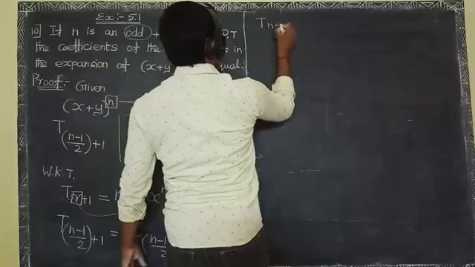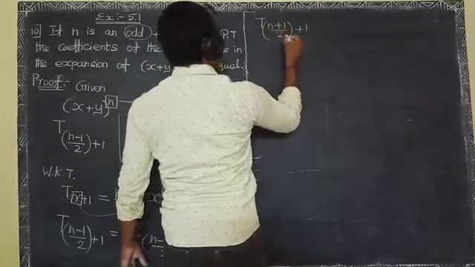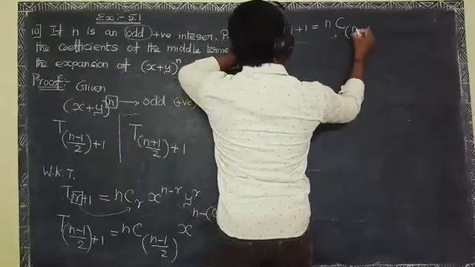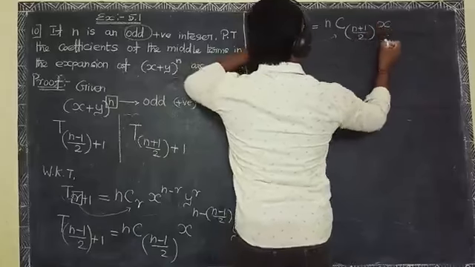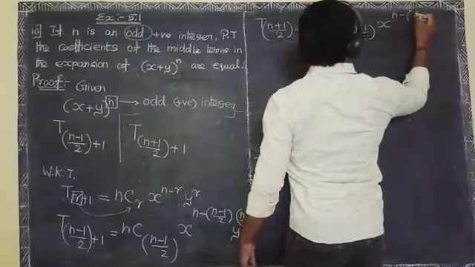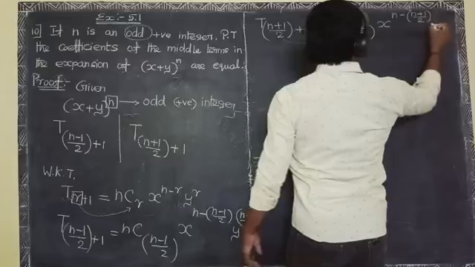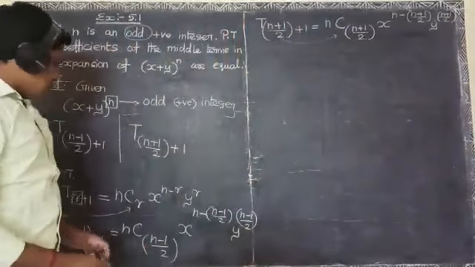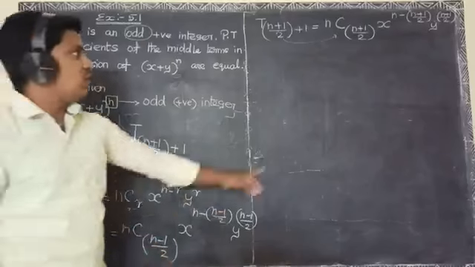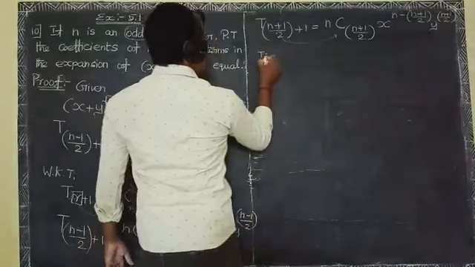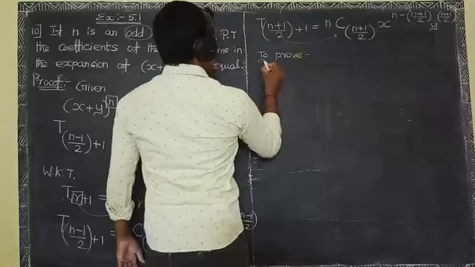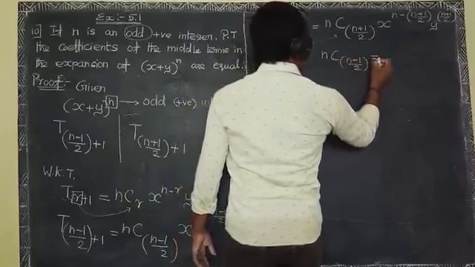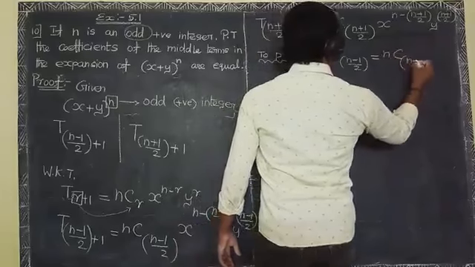Next, find T of (n+1)/2 + 1, which is nC of (n+1)/2, x to the power (n-1)/2, y to the power (n+1)/2. To prove: the coefficient nC(n-1)/2 is equal to nC(n+1)/2.